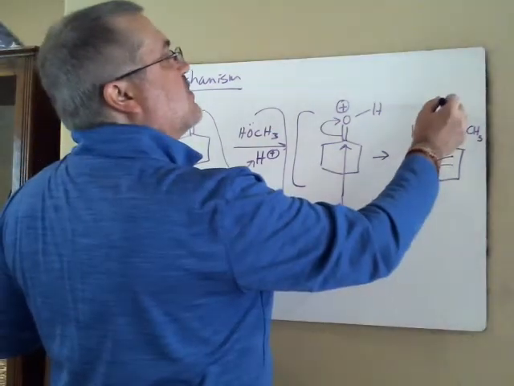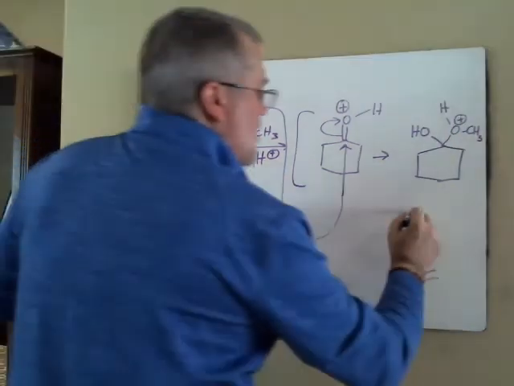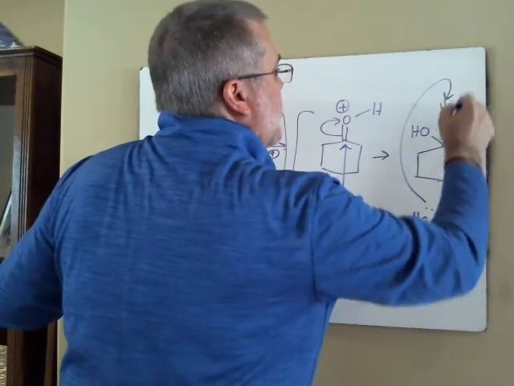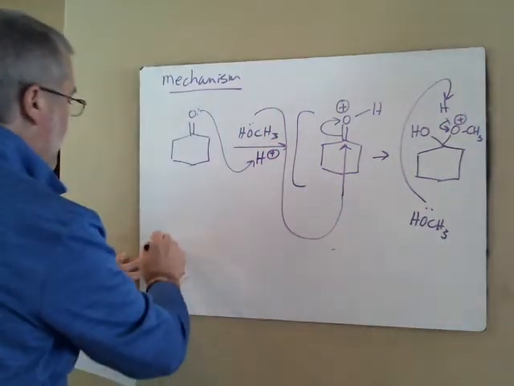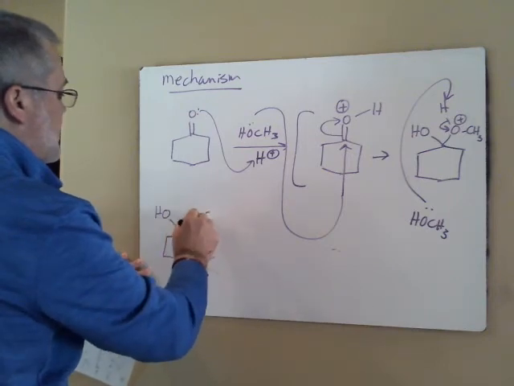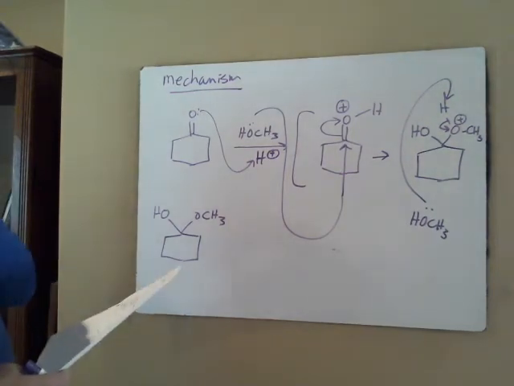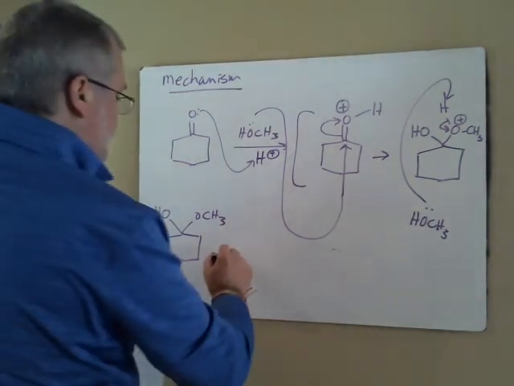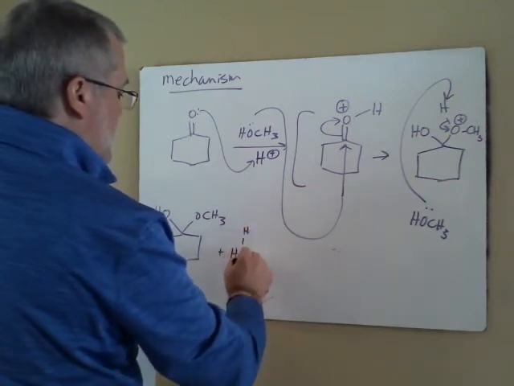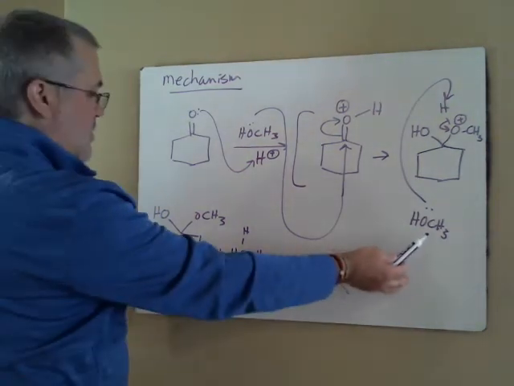I need to get rid of this H. Another molecule of the alcohol pulls this proton off, kicks these electrons in, and you form this first neutral intermediate. It looks like that. Plus, just so we know it's there, the protonated alcohol that I formed right there.